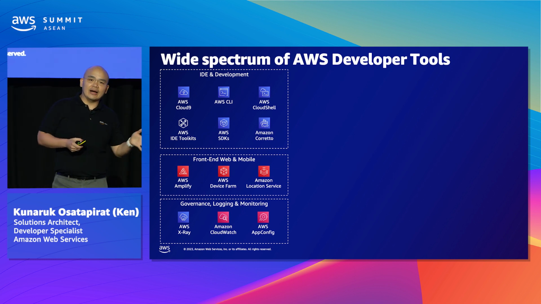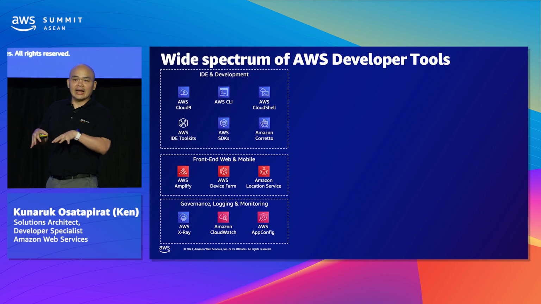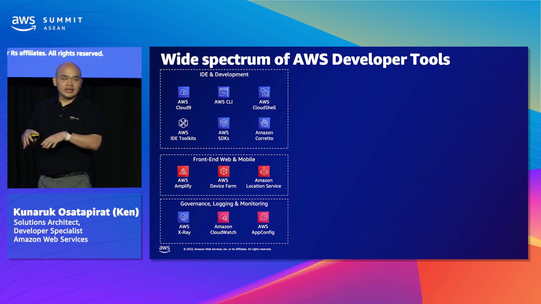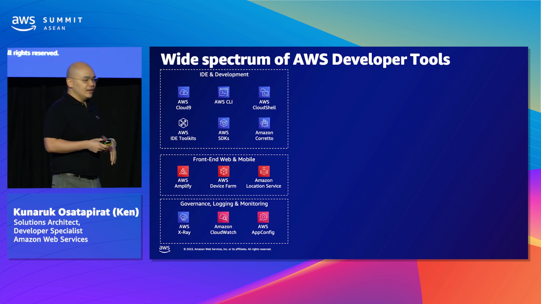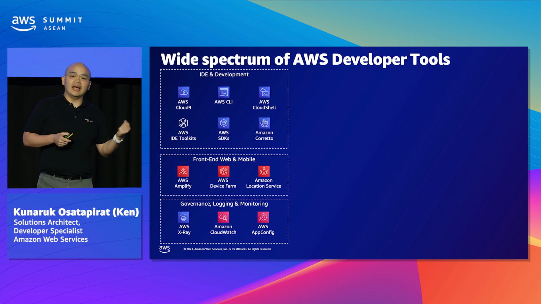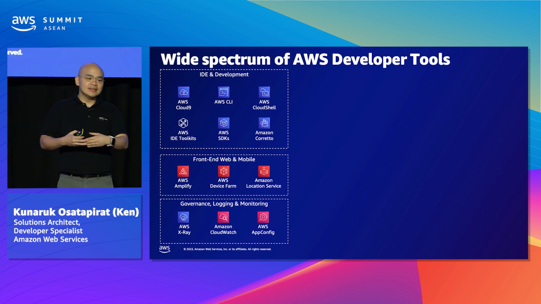You can use AWS Cloud9 to provision an online IDE and start coding on the cloud. And moreover, you can share a Cloud9 instance with your teammates. On the other hand, you can use the AWS IDE toolkit, which is a plugin for your favorite IDEs, to start developing your code as well.